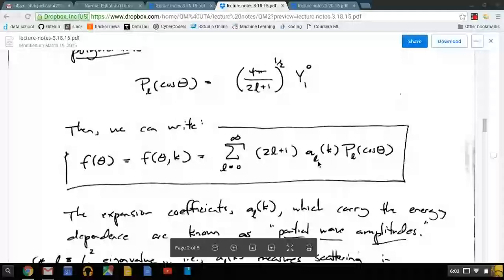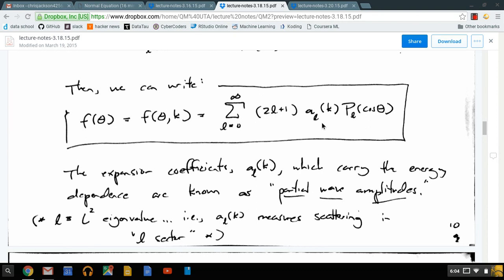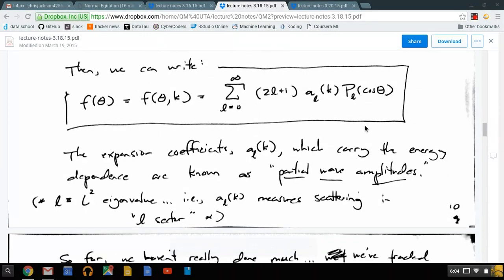If we've split off the theta dependence, there's got to be some k dependence left, so we shift it into these expansion coefficients. These are the things we're interested in. They're called partial wave amplitudes. We're taking a full wave and breaking it down into partial waves, and these are the amplitudes.